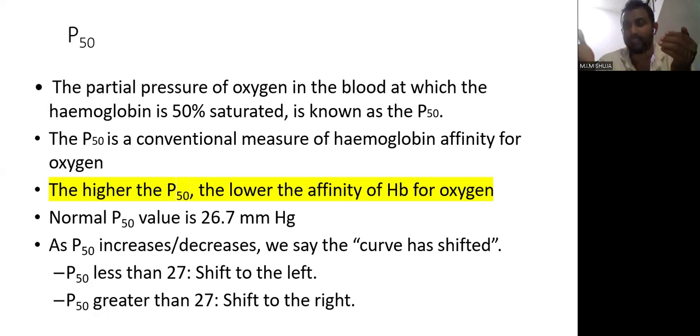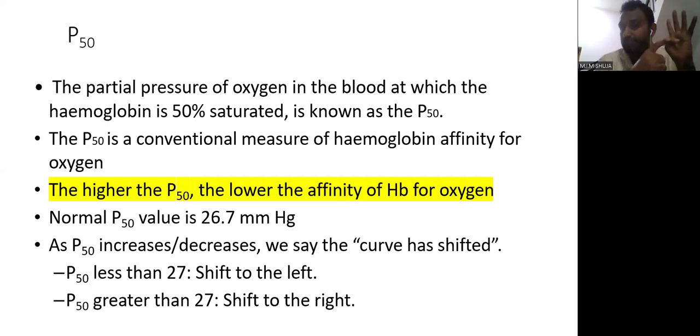In another instance, another hemoglobin becomes 50% saturated when the partial pressure of oxygen is 40. So which hemoglobin has more affinity? The hemoglobin which becomes saturated at a low partial pressure of oxygen has more affinity.